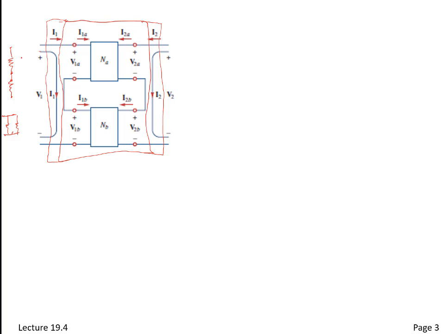So back to this little picture, if I wanted to say those are in series, I add V1 and V2, right? The total voltage is the sum of those two. The total input voltage here, V1, has to be the sum of the first terminal and the second pair. So that forces this connection. That's what defines it as a series connection.